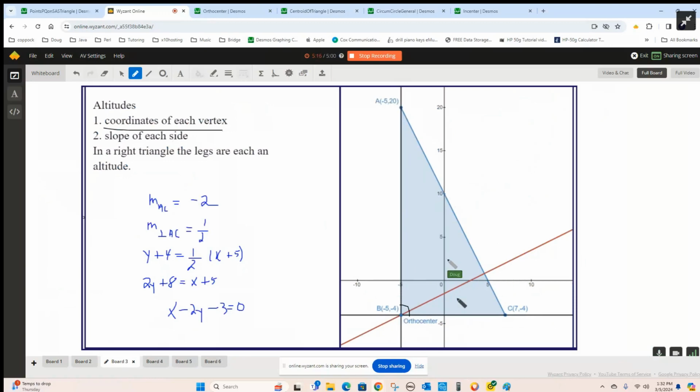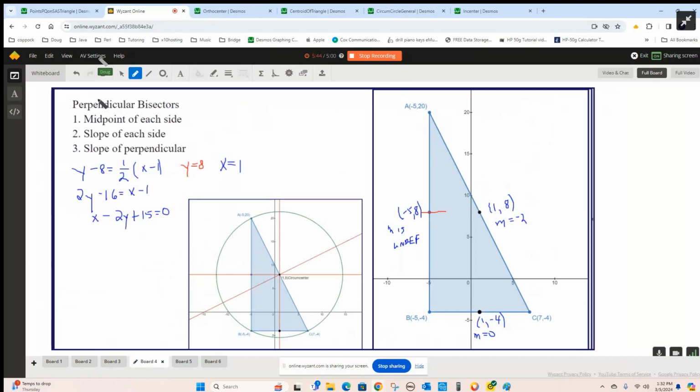But for this altitude, we need the slope of AC, which is negative 2. We already saw that. The perpendicular slope is 1/2, and so the line passes through the point negative 5, negative 4 with a slope of 1/2. There it is in point slope. Here it is in standard form.